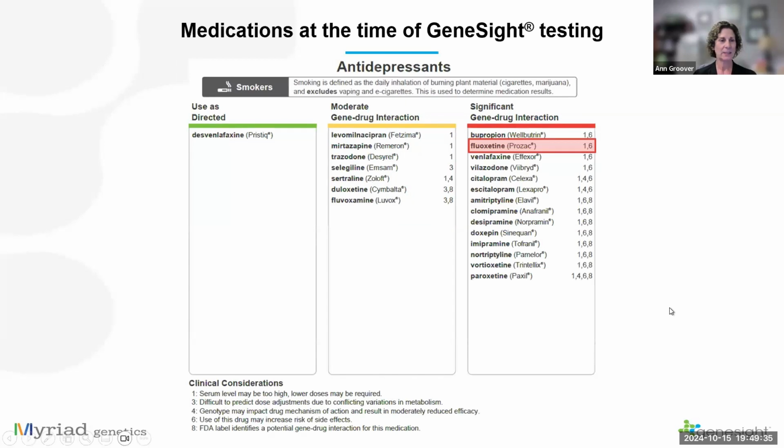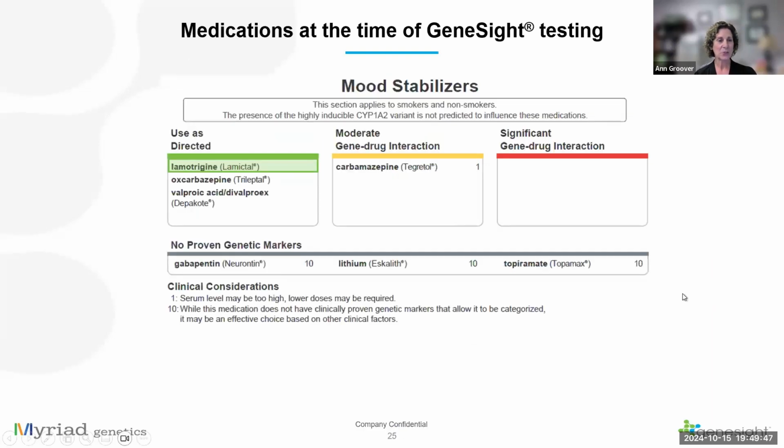And there's the fluoxetine. You can see even this report has even more in the red and the yellow categories than the previous cases we saw, doesn't it? Let's go on to the next. In the mood stabilizers, he was on the lamotrigine 200, full dose of lamotrigine at 200 twice a day. And further information to look at, carbamazepine is in our moderate gene-drug interaction.